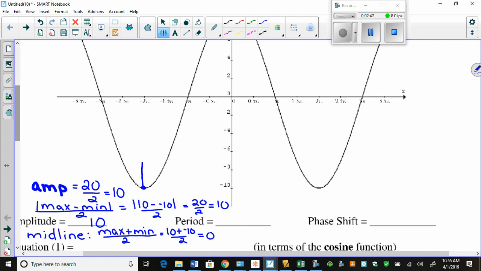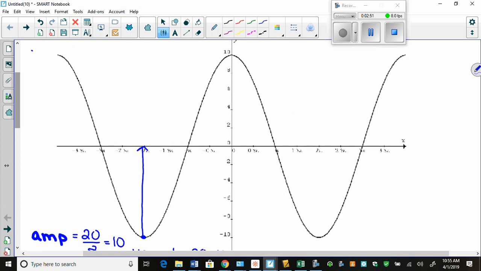So if I count up 10, I go to here. If I count down 10, I go to here. And where do they meet? The middle, the midline. That's why it's called the midline. So they meet here. You need to draw the midline on your graph. Please draw it. It'll help you for your c value.